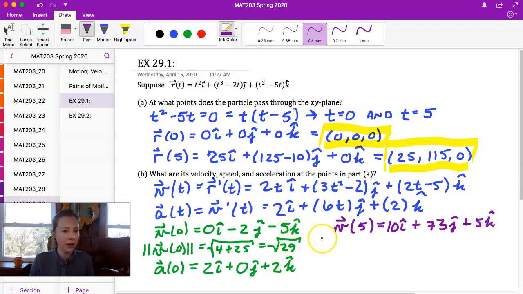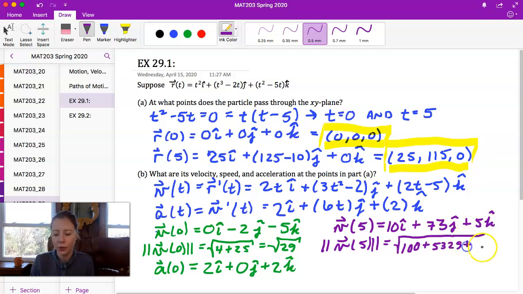To get the speed, we take the magnitude of velocity at t equals 5, which is the square root of 10 squared, which is 100, plus 73 squared, which is 5,329, plus 5 squared, which is 25.